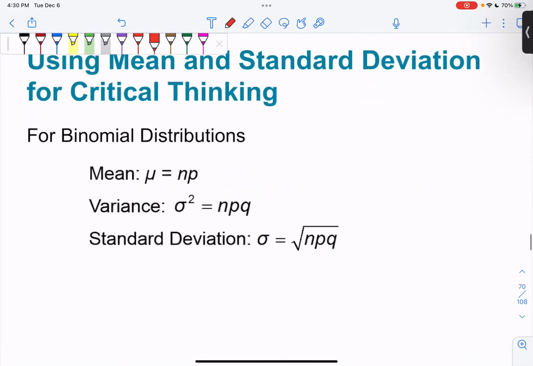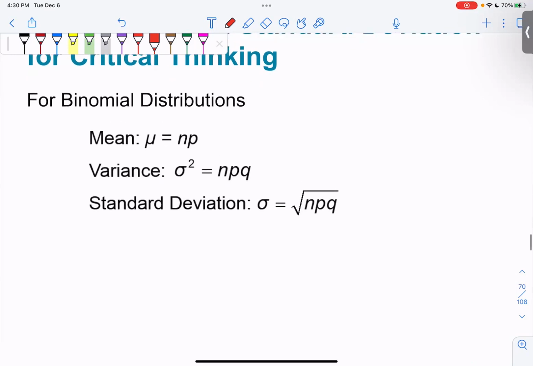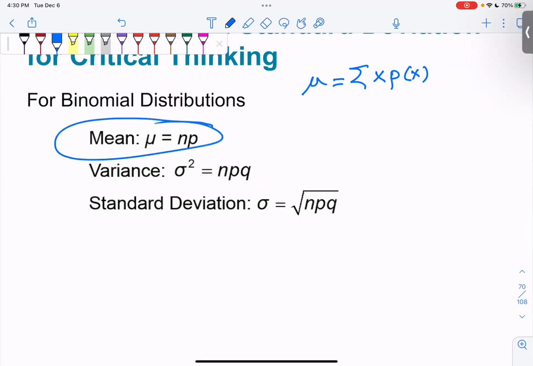So now let's see the parameters of the binomial distribution. If I ask you to find the mean of a binomial distribution, you don't need to do x times the probability of x, right? We said mu equals x times probability of x. It's easy: mu equals n times p, where n is the number of trials and p is the probability of success.